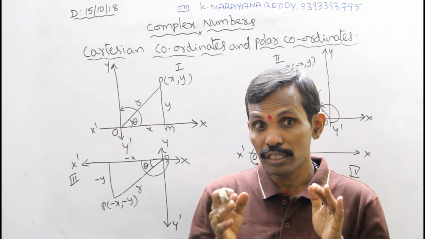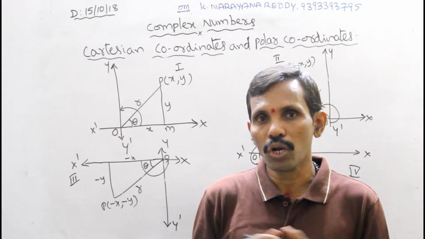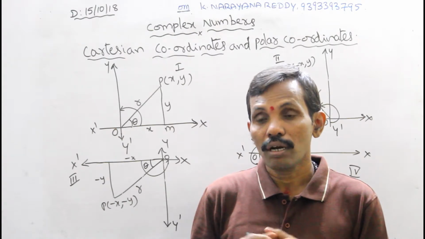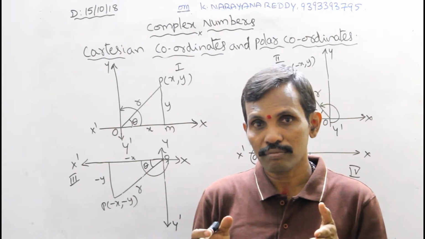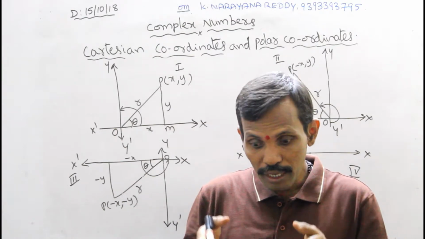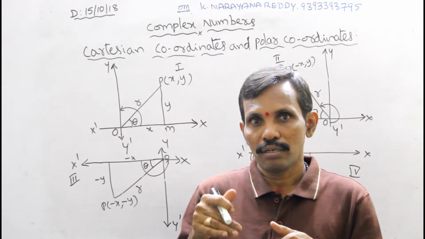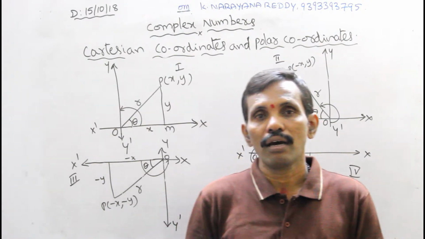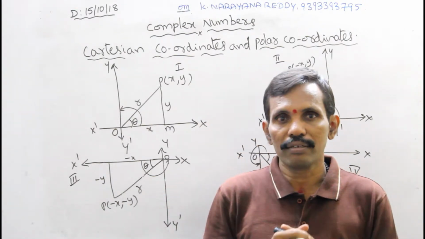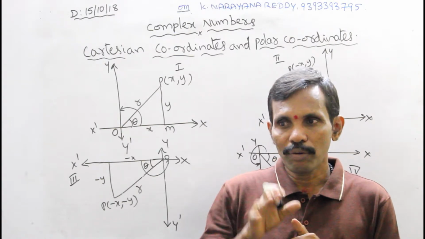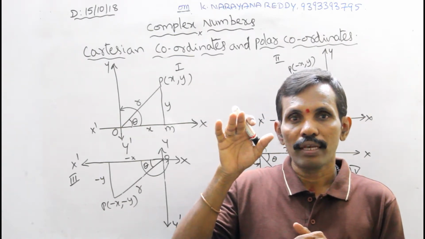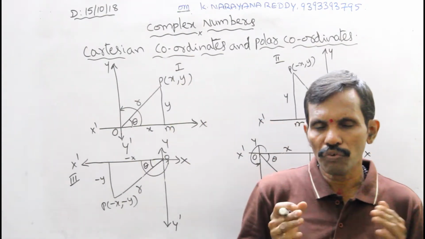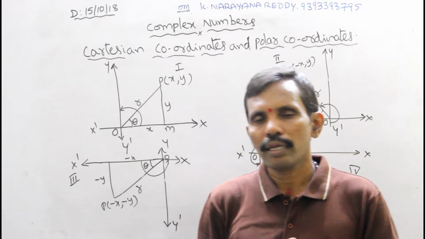At which angle is it there? Suppose coal is under the earth, iron is under the earth. How much distance from the land, how much depth, at what angle? Otherwise, an aeroplane goes at what angle, at what distance. So these are very important in mathematics.